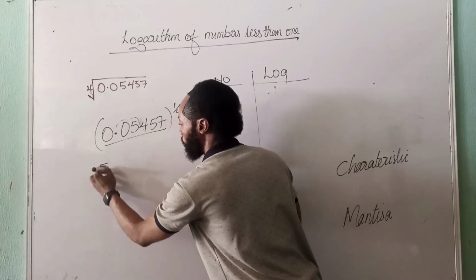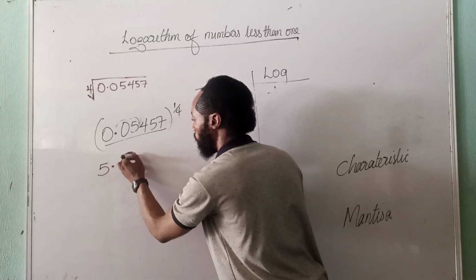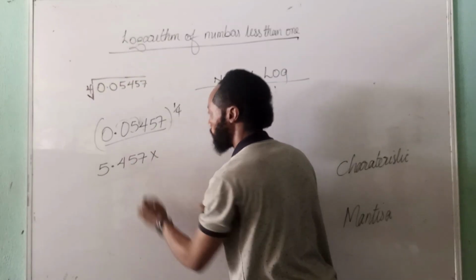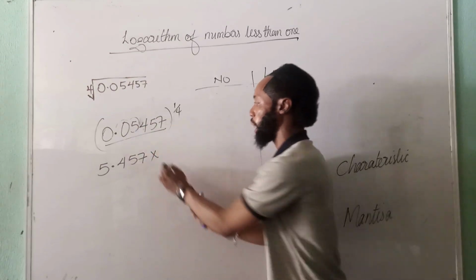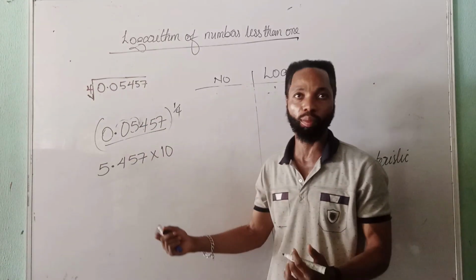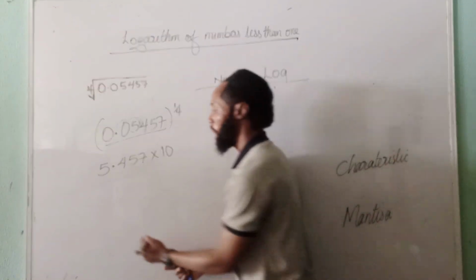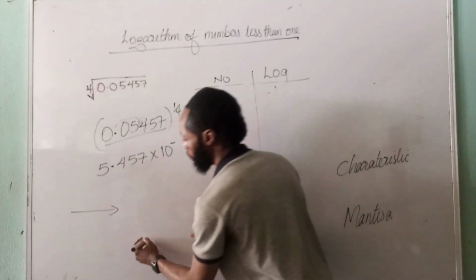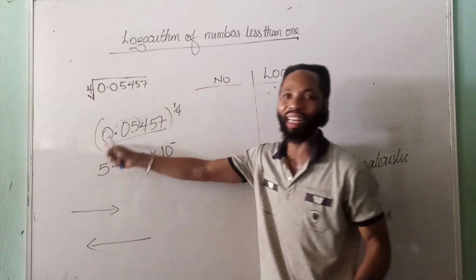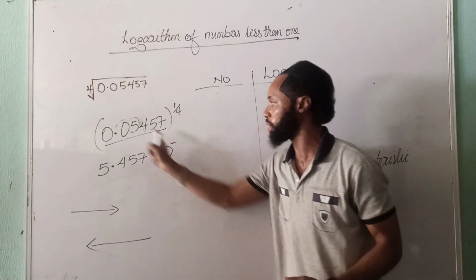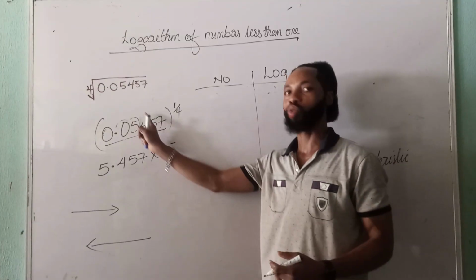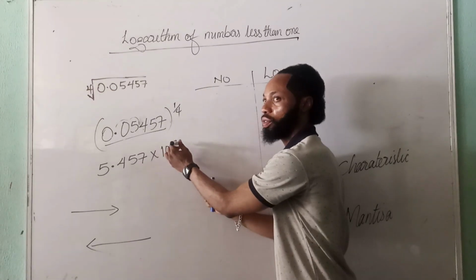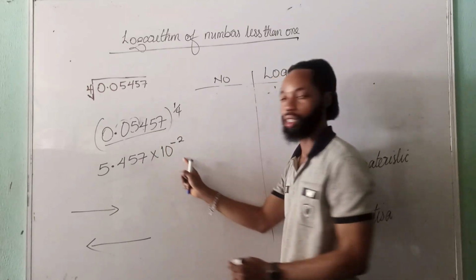So it's going to be 5.457 times 10 raised to power, how many times did we move? 2. But remember, if you're moving this direction, it's going to be a negative value. If you're moving this direction, it's going to be positive. So when you have a number less than 1, you're moving with negative. So moving 1, 2, that is negative 2. Have you seen it? Yes.